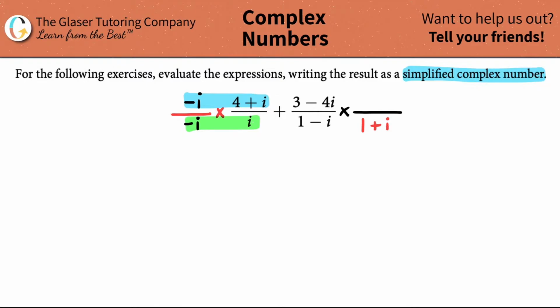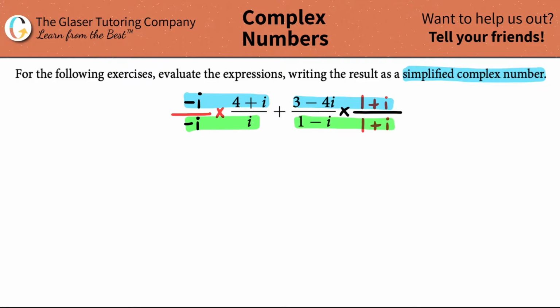But I gotta be fair, right? If I'm multiplying the denominator by 1 plus i, I have to multiply the numerator by 1 plus i. That's how we multiply things out of thin air, because it's really equal to 1. So there we go. We have to multiply this numerator now, and then the denominator as well.